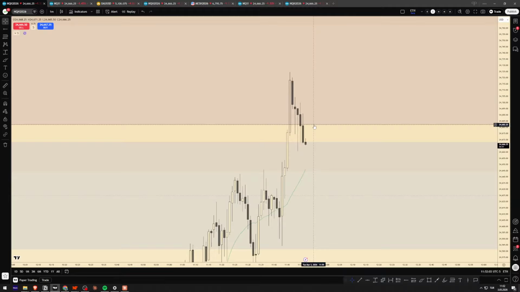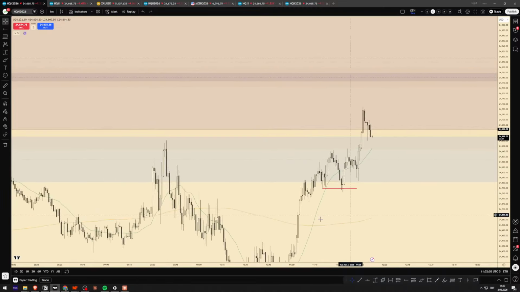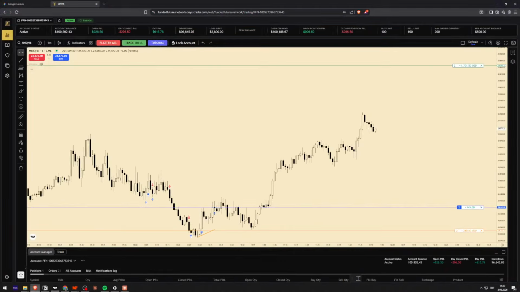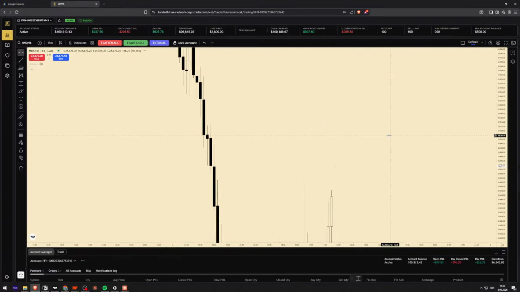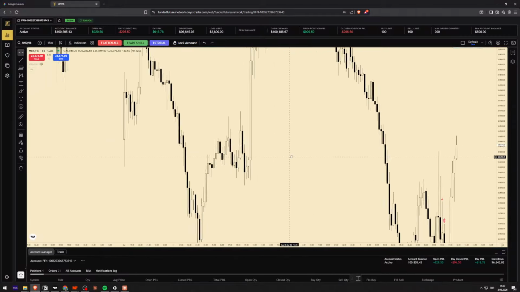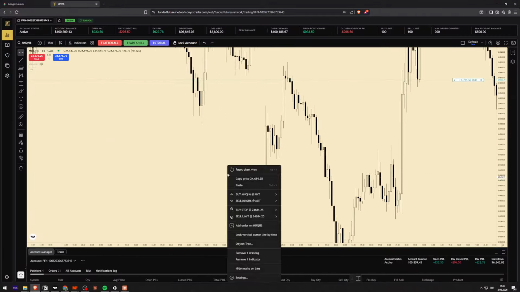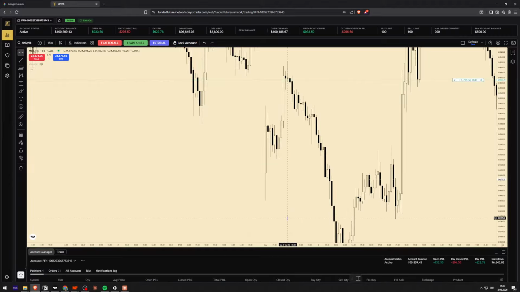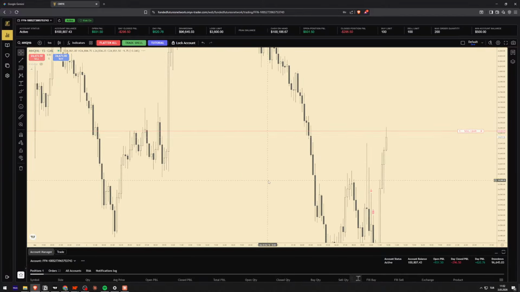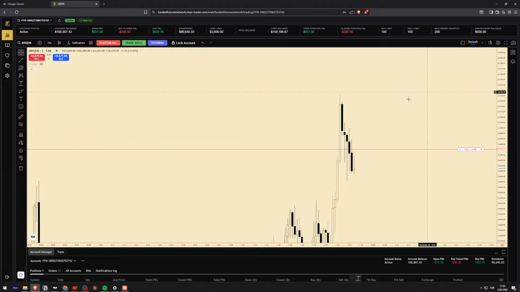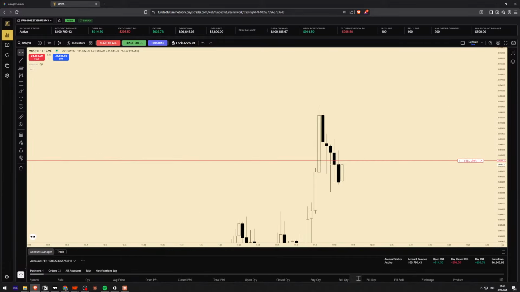I'm just going to take my first partial at my initial target. Right exactly at my target, which is this level. Sell limit over here. Maybe it was difficult on micro Nasdaq, I don't know.